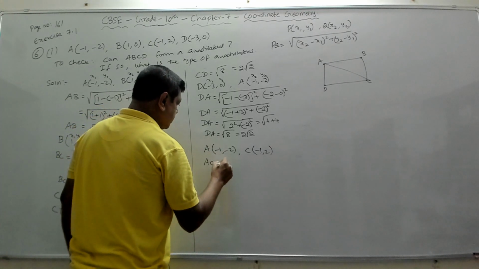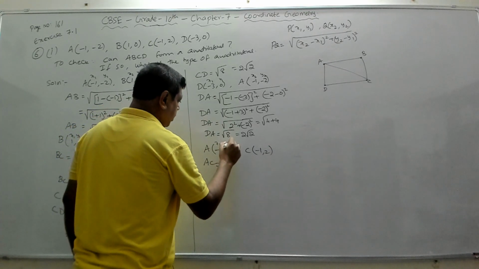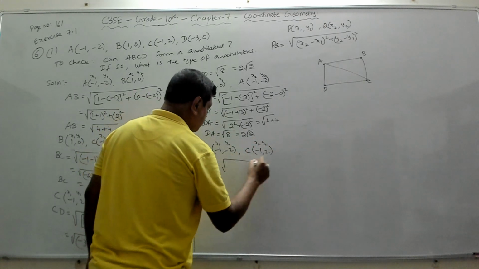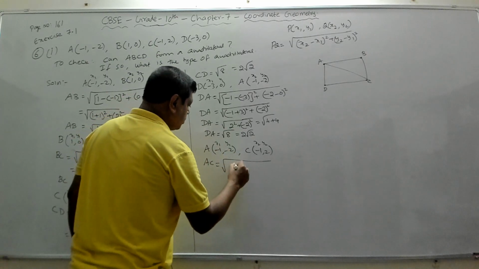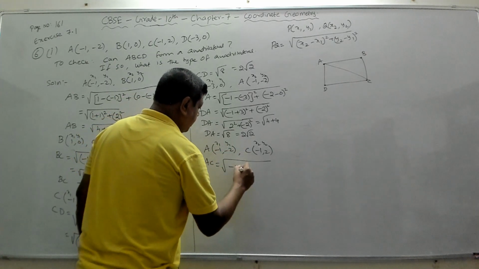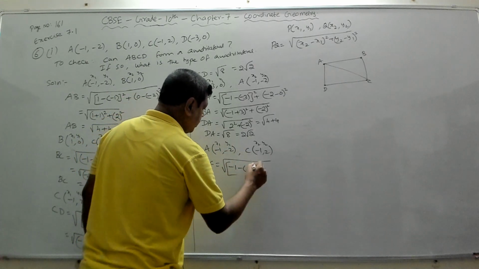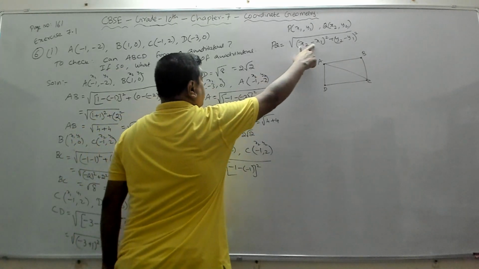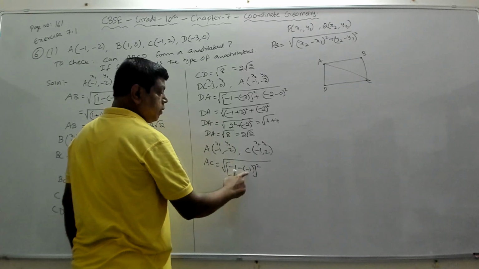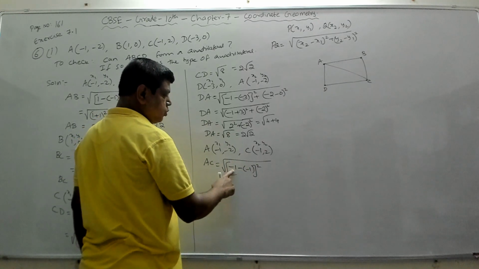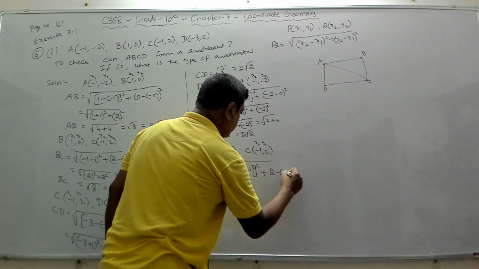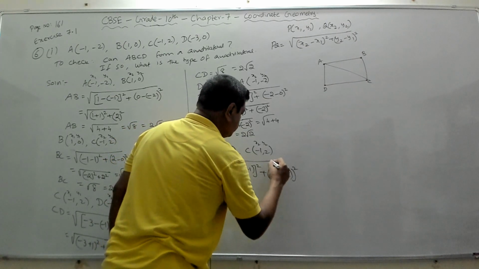So AC is, we'll take this as x1, y1, x2, y2. Again let's apply the distance formula: square root of x2 minus x1, so minus 1 minus of minus 1, the whole square. x2 is minus 1, then minus x1, and x1 is minus 1, so double minus. This is x2 minus x1 the whole square plus y2 minus y1 the whole square.